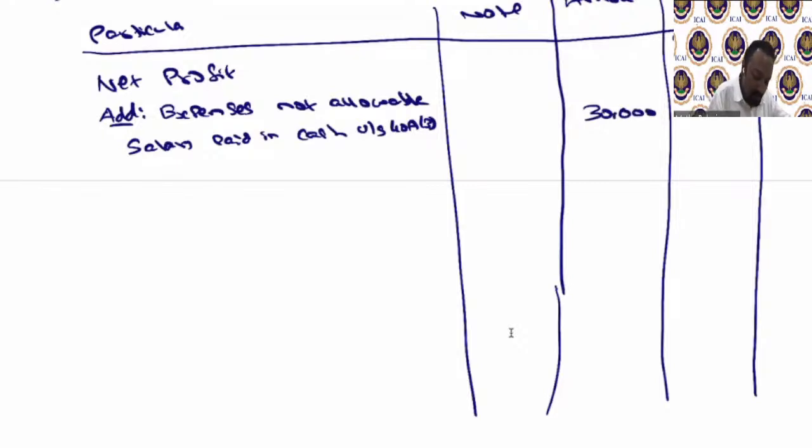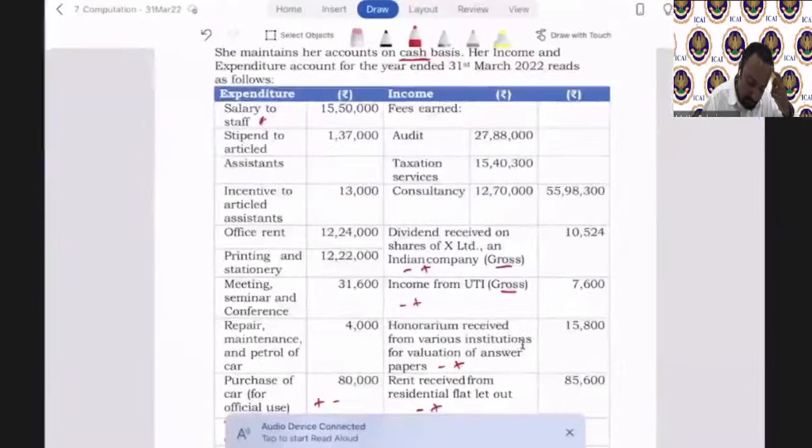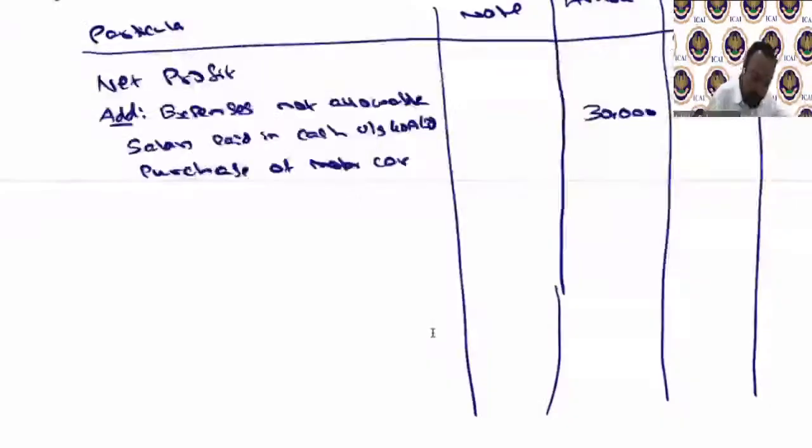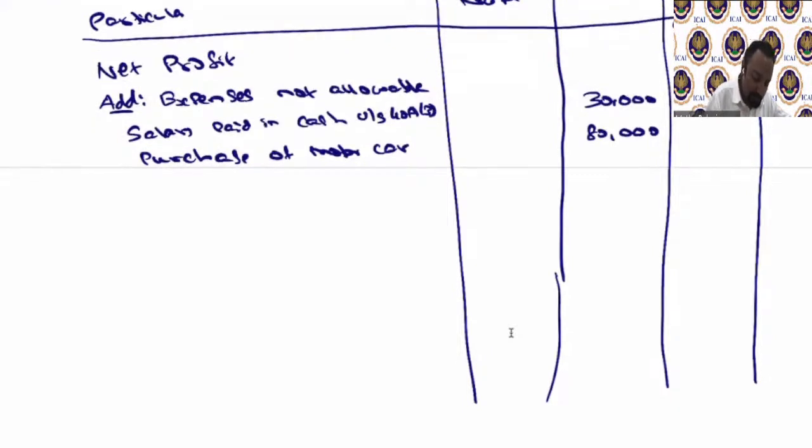Then you have, we said, purchase of motor car. So what was that? 80,000, right? Yeah. So now you have the add. That is 80,000. Another thing we had put there is depreciation. And then the third one was municipal tax. That was 3,000.